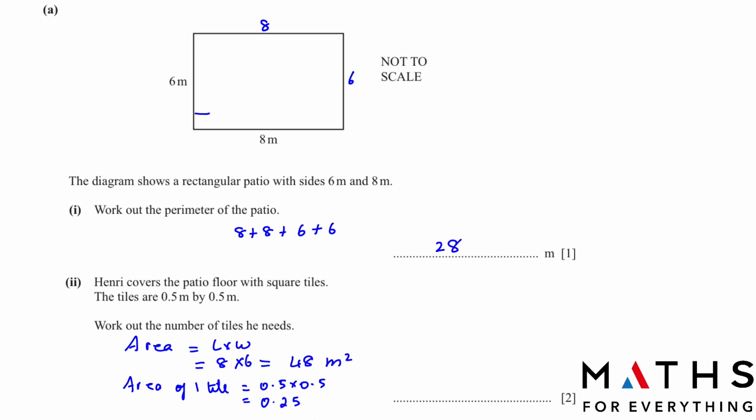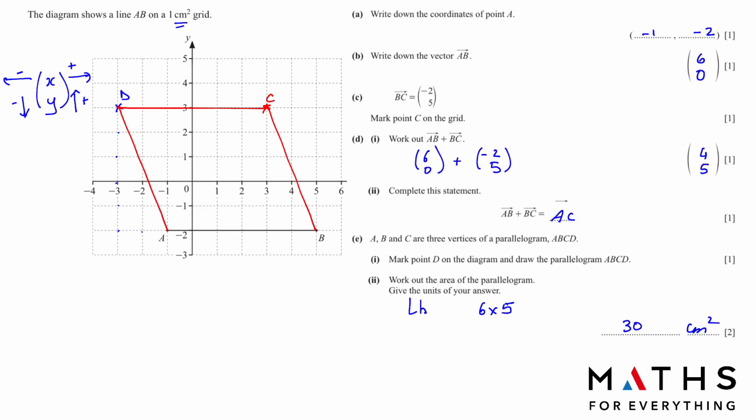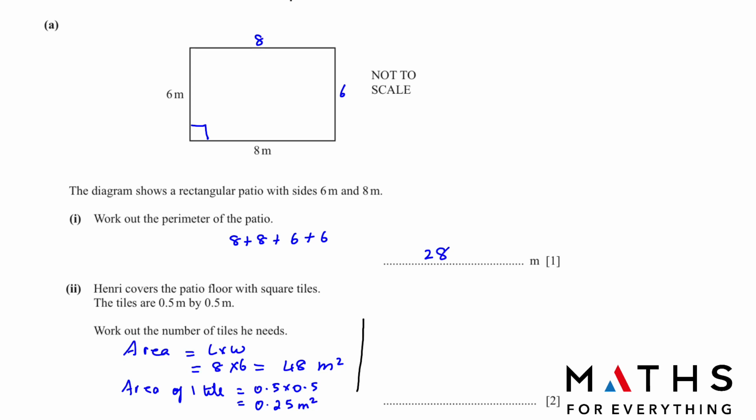So suppose this is one tile here, that is 0.25 square meter. So we need to find the total tiles needed in this rectangle. What we can do is divide 48 by 0.25 and this will give us 192. So these are the number of tiles we need.